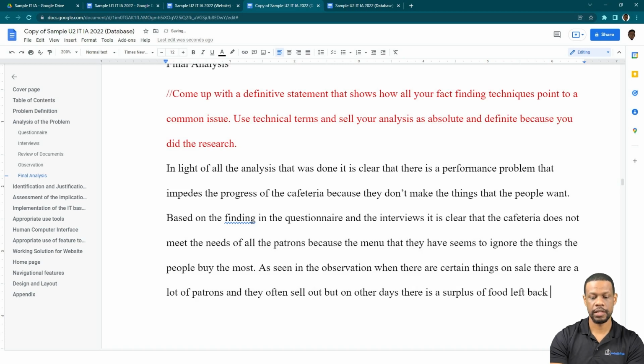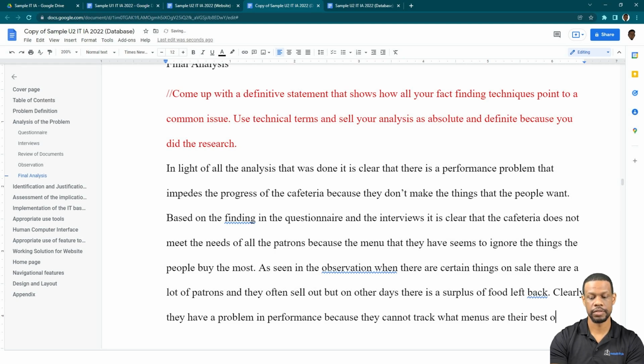Right, so clearly they have a problem in performance because they cannot track what products, what meals, what menus are their best options.